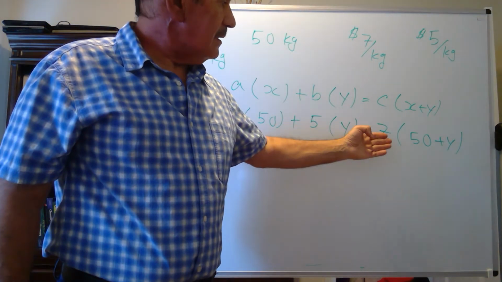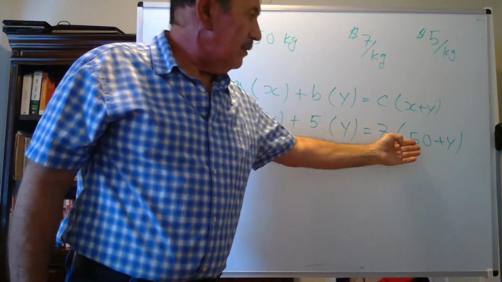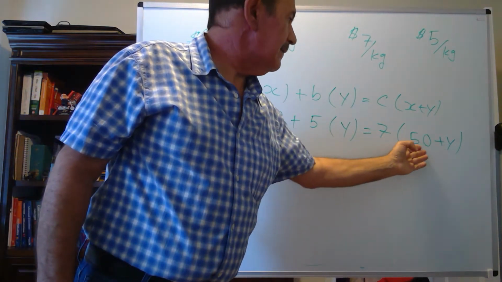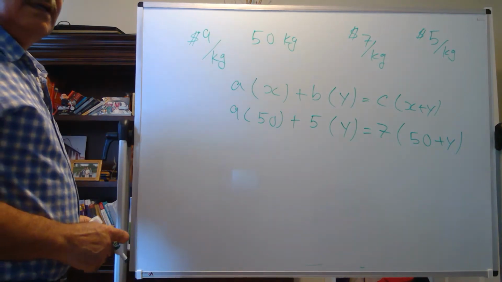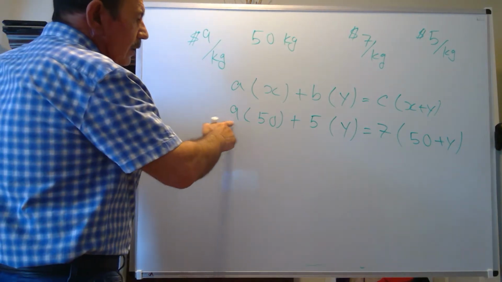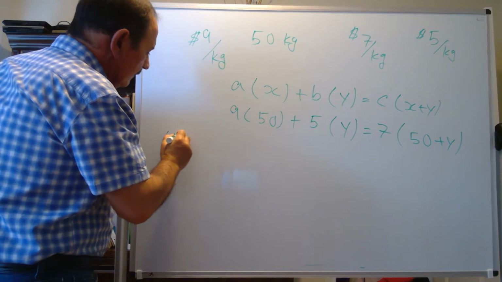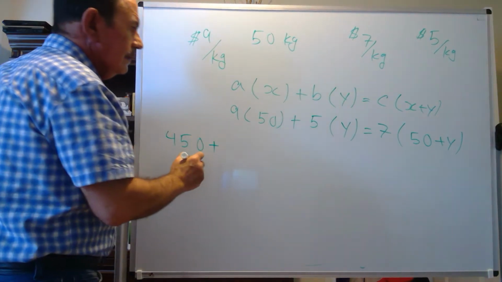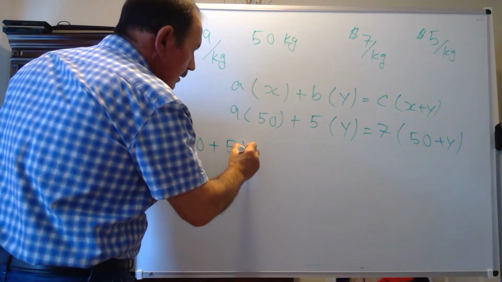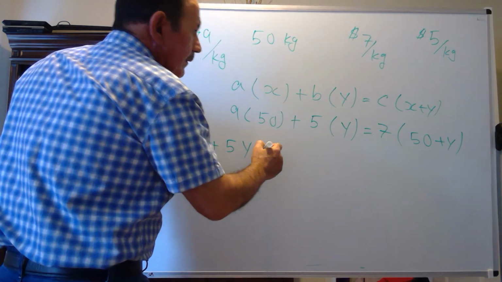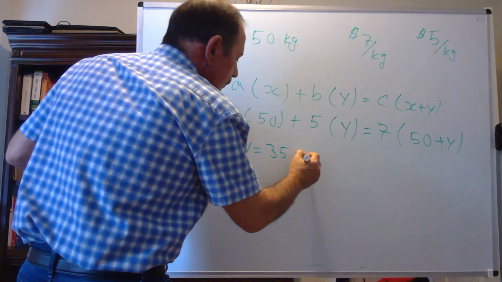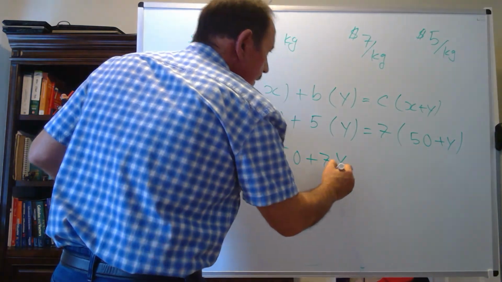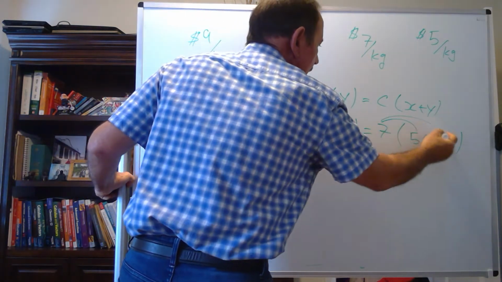The price of the result I want to be $7 per kilogram, and the amount of the result is 50 plus Y. Now simplify this one and solve it, find Y. 9 times 50 is 450 plus 5Y is equal to 7 times 50, which is 350, plus 7Y, multiplying this 7 by Y and 50.